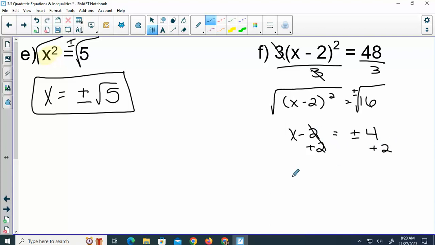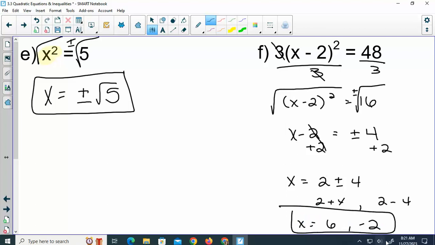Right, this is sometimes the step where people make a mistake. They want to write x equals plus or minus 6 because 4 plus 2 is 6. Is that the same answer we got last time? No. What this means, yeah, you have 2 plus or minus 4. 2 plus 4 is 6. 2 minus 4 is negative 2.